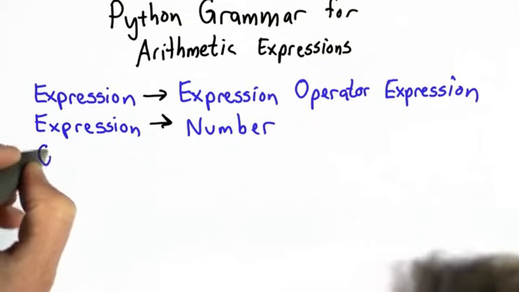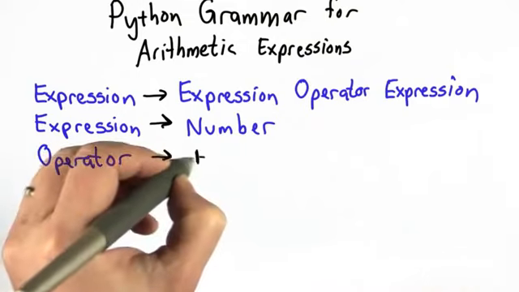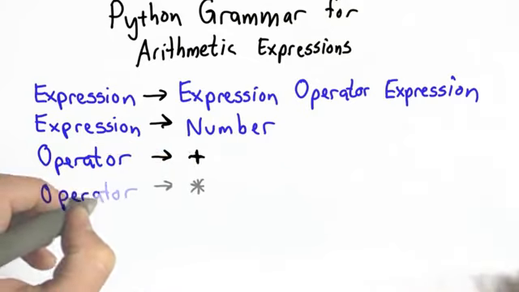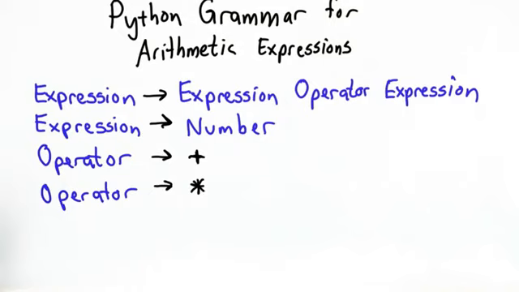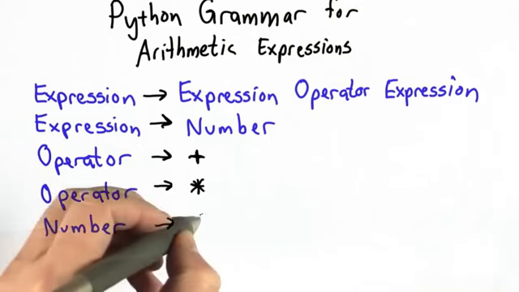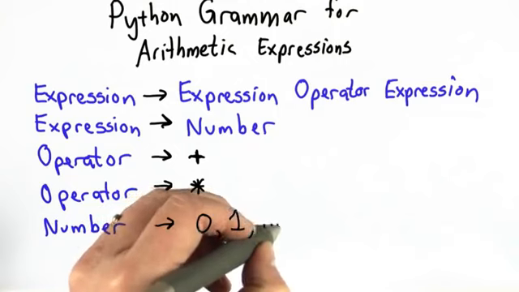So let's write a few more rules to see how that works. So we can replace the operator with plus. We can also replace operator with times. And there's several more operators in Python. Those are enough for now. We just need those two. We can also make numbers. And the complete rule for making numbers is sort of complicated.